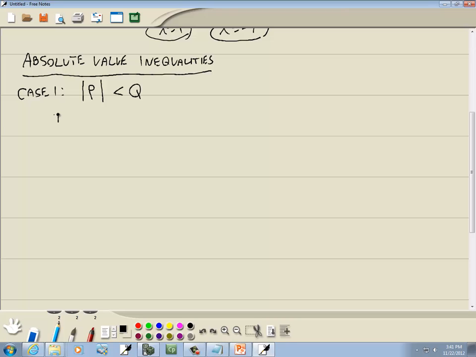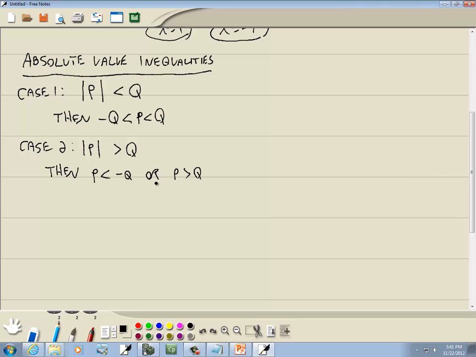If you got it in this form, then you can rewrite it in this manner. And we've got our second case where we have the absolute value of something is greater than something else. Then if you got it in that form, you can rewrite as p is less than negative q, or p is greater than q.